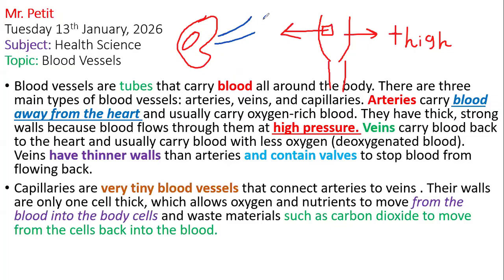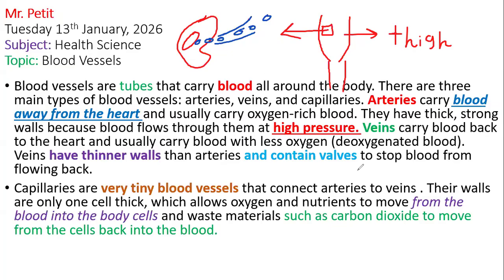The capillaries take the nutrients from the blood and transfer them into the cells. That's the idea. You have these nutrients that the cells need, and it's going to transmit these nutrients to the cell.